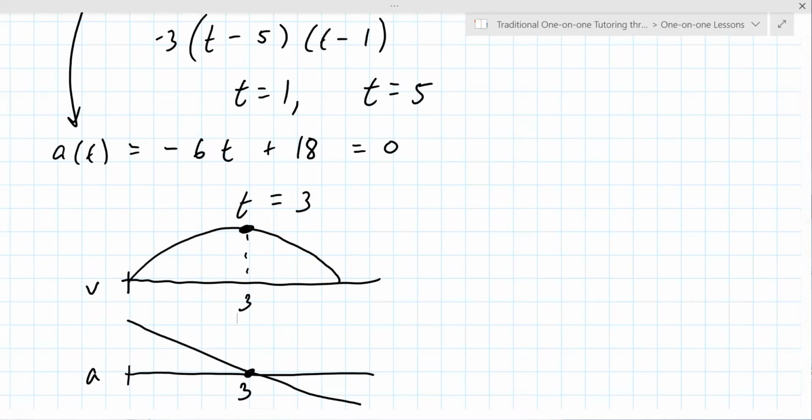Let me graph this nicer on the computer here.